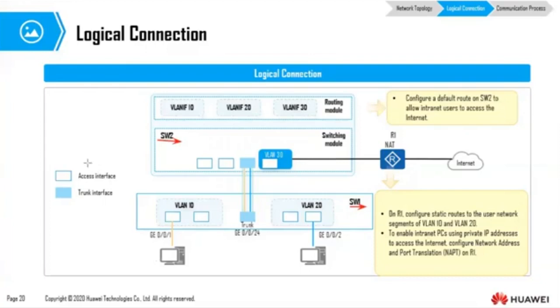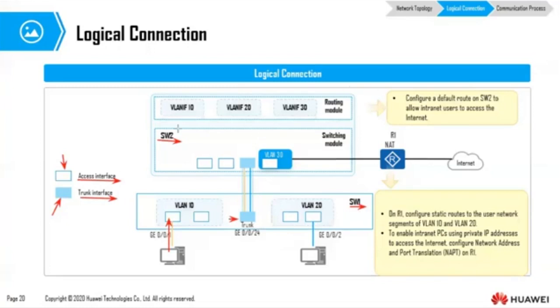So the interfaces that do not have a background color are configured as access interfaces, while this one is a trunk interface. So the interface that connects to the end devices is access, right? The interface that interconnects switch 1 and switch 2, we configure as trunk like that.